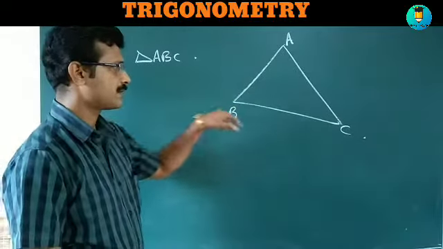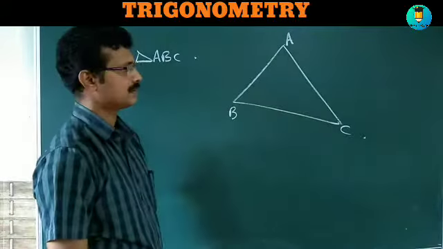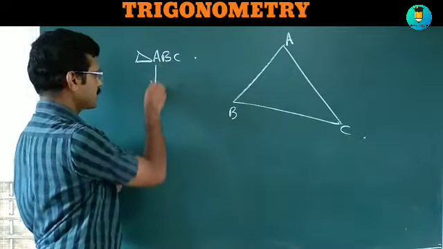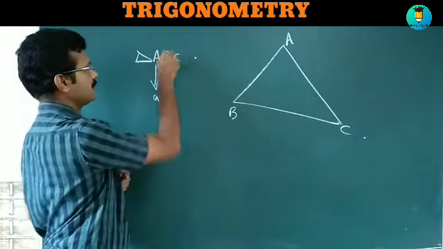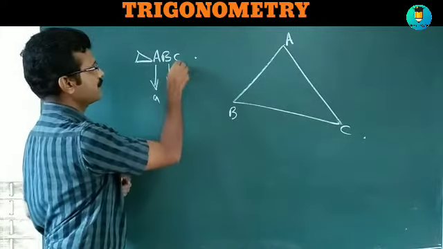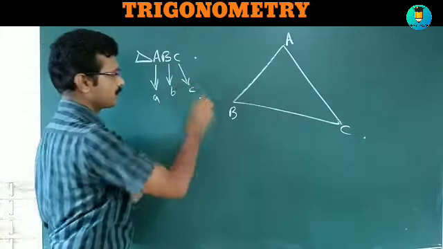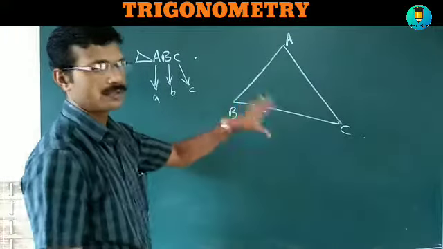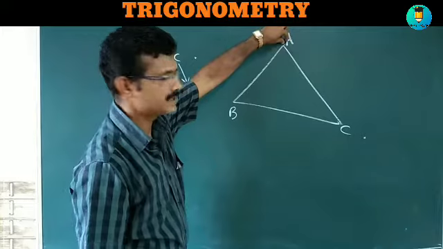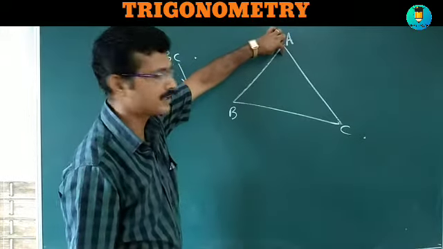So vertices are denoted by capital letters, and then the small letter corresponding to capital A is small a, corresponding to B it is small b, and corresponding to C we go for small c. So what will it be in this triangle? We know the vertex A is this angle.